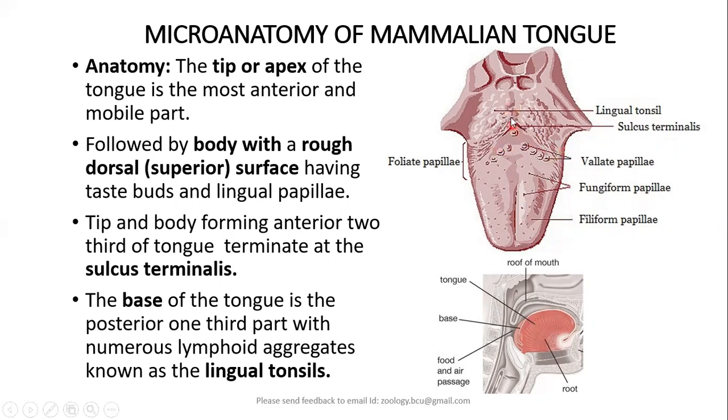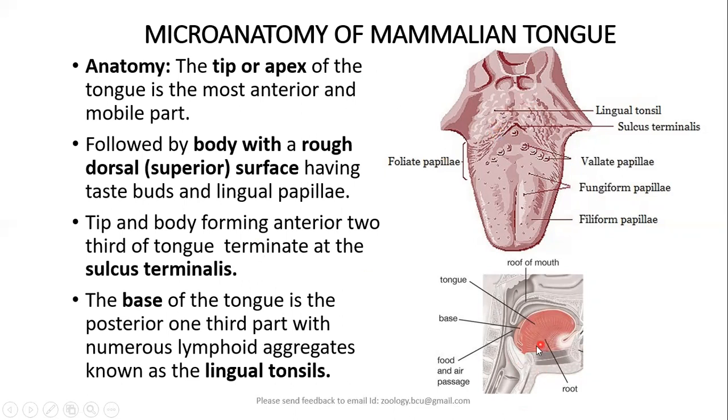So beyond sulcus terminalis, we see the base of the tongue, which forms the posterior one-third part of the tongue, which we can identify because of the bulgings due to the groups of lymphoid glands, which are called lingual tonsils.